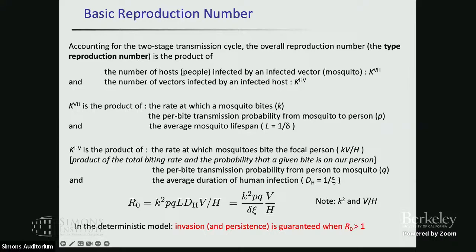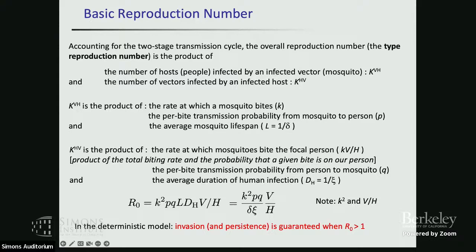And once we have this model, we can think about the basic reproduction number, but we have to remember we have a two-step life cycle. So we go from a person to a mosquito and then back to people. So really, I guess if Odo Diekman or Mick Roberts were here, they would insist that what I'm talking about here is what they call the type reproduction number.